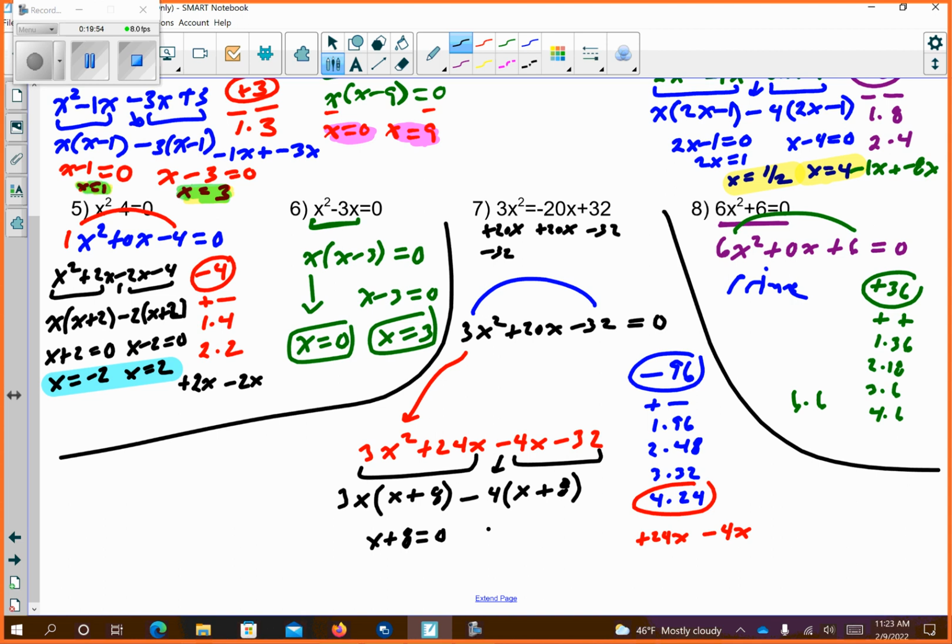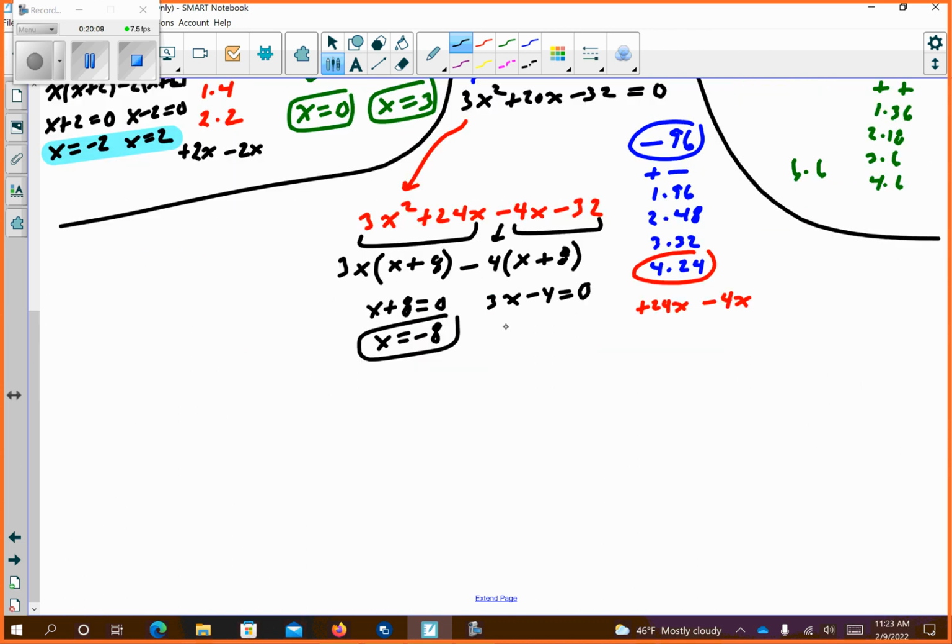And 3x minus 4 equals 0. So x equals -8. Add 4. Divide by 3. There's my answers.